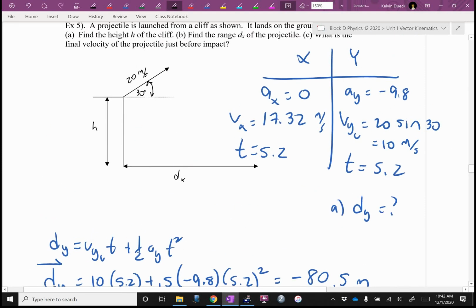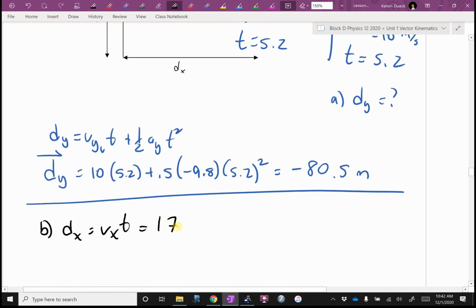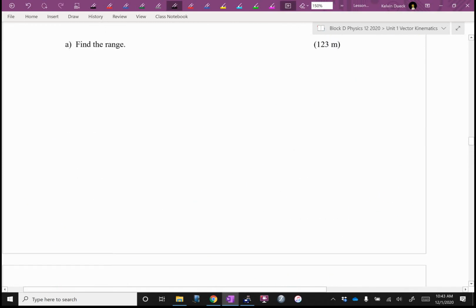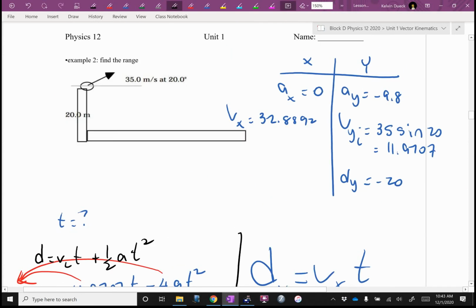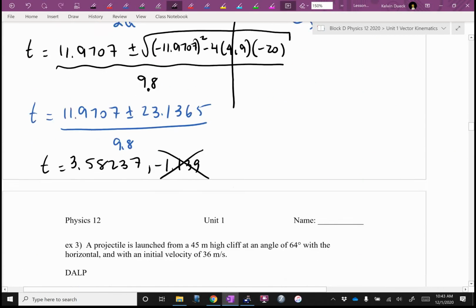Vx was 0.32. Time was 5.2. You'll notice basically 3 or 4 lines for this question as opposed to many more lines for this. If you have the time, the question's going to fall apart.